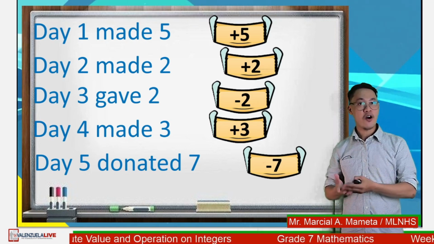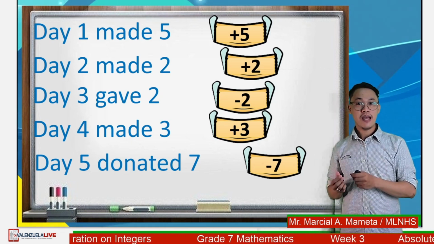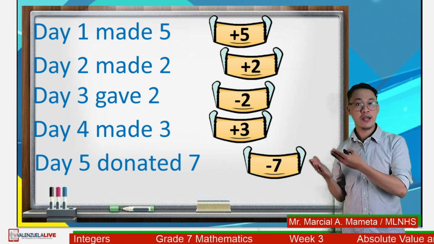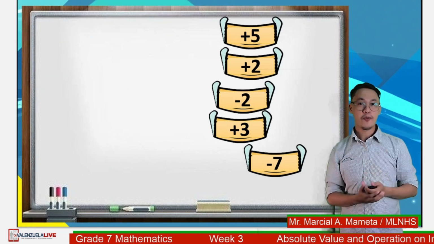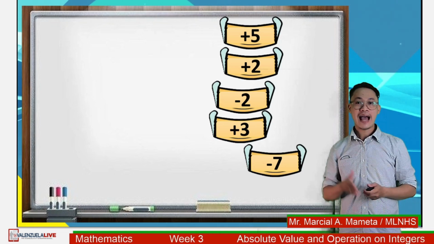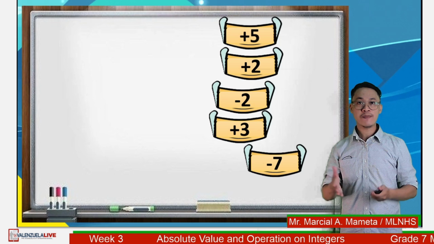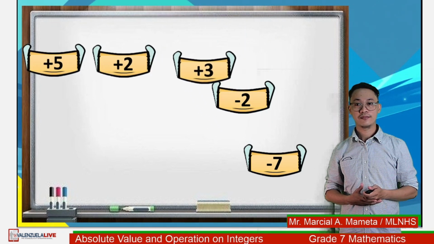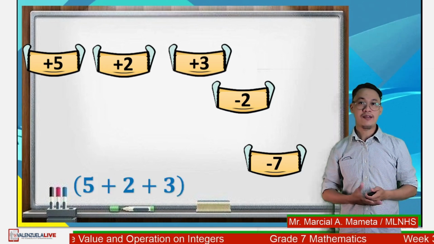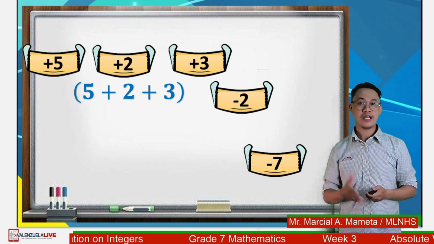Each activity on face masks can be represented by positive and negative numbers, as shown here. To find the number of remaining masks, add the number representations. Notice that the positive signs can be omitted, while the negative numbers are enclosed in parentheses.